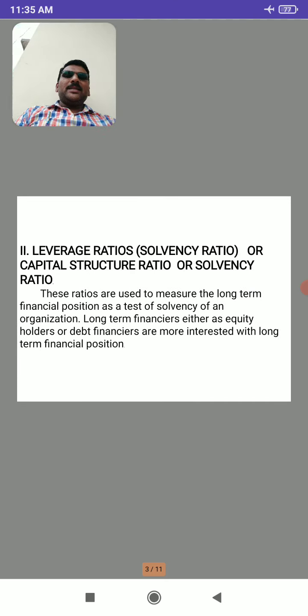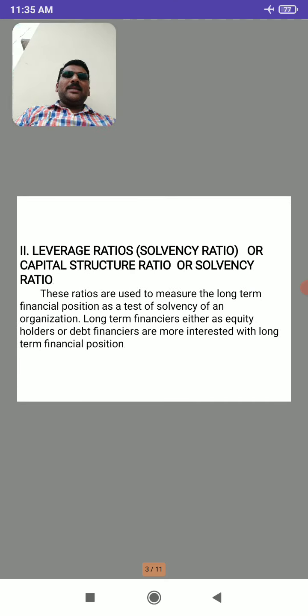Next, we will move to the leverage ratio, or solvency ratio, or capital structure ratio. These are the ratios used to measure the long-term financial position, as a test of solvency of an organization.